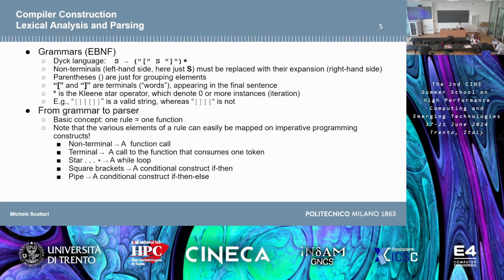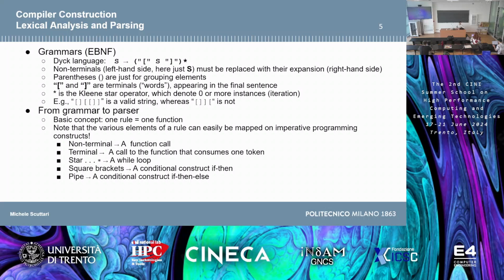It is defined as S, the axiom, so the initial non-terminal, which is replaced by any number. Star means an unlimited iteration of parentheses that include, recursively, another instance of S. The unlimited iteration can be 0, so it can also be the empty string. What does this define? It defines arbitrary nests of parentheses.